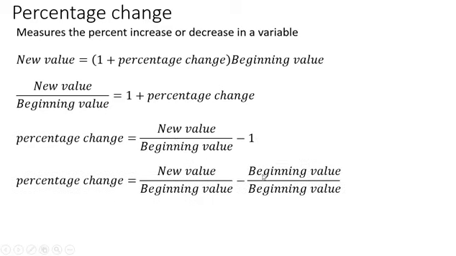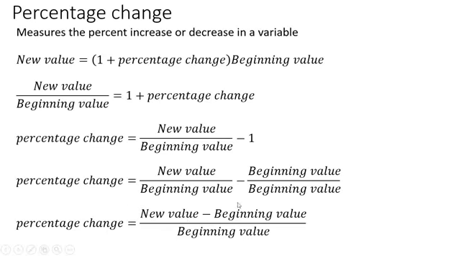Recognizing that minus 1 can be thought of as minus beginning value divided by beginning value, and then collecting the fractions here on the right-hand side. Our percent change formula can simplify down to new value minus beginning value divided by the beginning value.